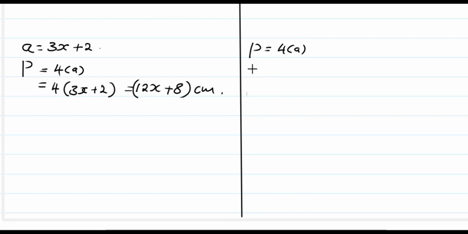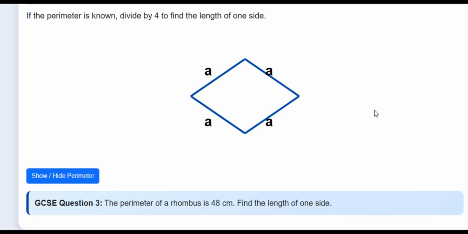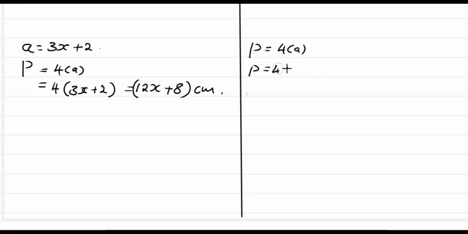But now in this case, we already know that P is equal to 48 centimeters. So from there, you are asked to find the side of that rhombus.